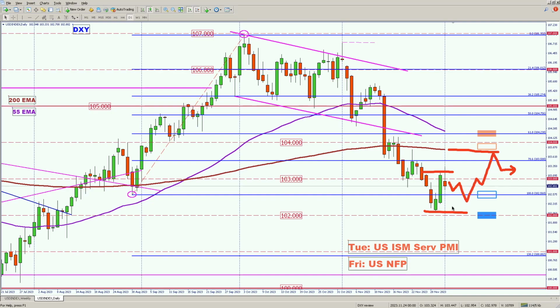And to see if there's also follow through with the inverse correlation with the euro. So the euro will need to sink lower in order for the US dollar to climb up and recover.